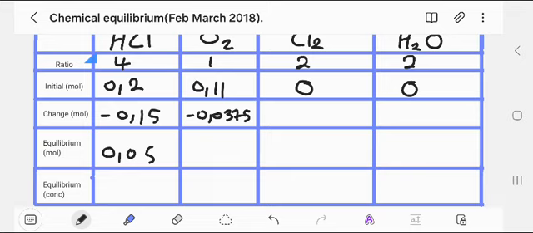We'll divide 0.15 by 2. That will give you 0.075. The same applies here, so also here we'll have 0.075.